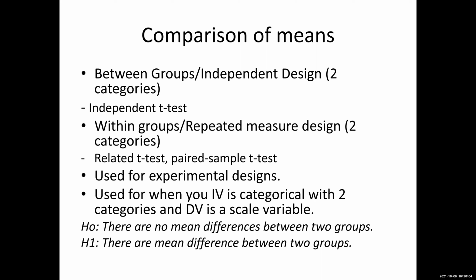Now, the second type is the within group or repeated measure design. With the within group, repeated measure, or dependent sample t-test, we test one group at two times. For example, let's consider the participants who registered for this workshop as a group.